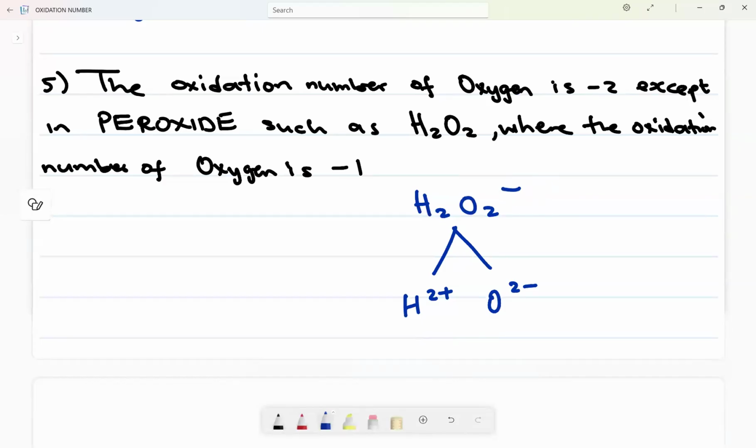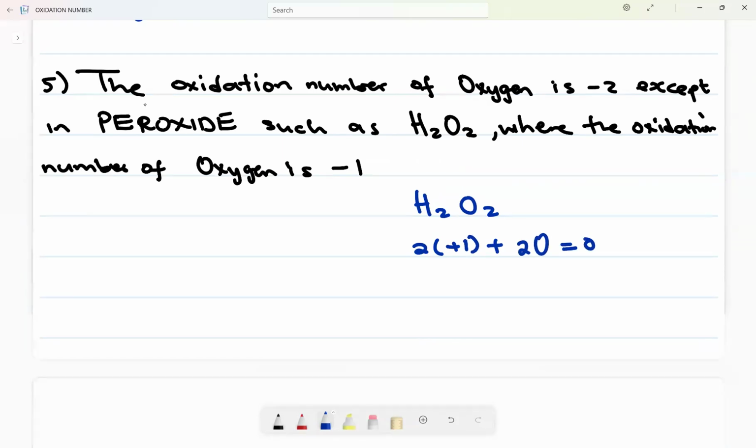There is no plus here, no minus, so the net charge is 0. There are two hydrogens, with oxidation number normally plus 1, plus oxygen we do not know, so two oxygens is equal to 0. Solving, 2O is equal to negative 2, and then oxygen is negative 1. But we look more into this as I do calculations of oxidation numbers.